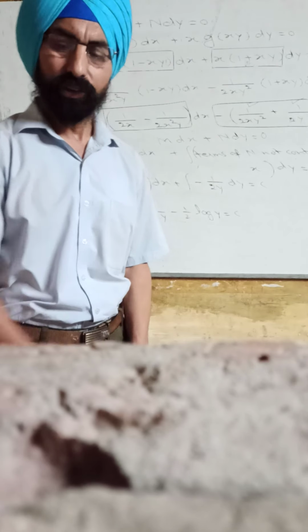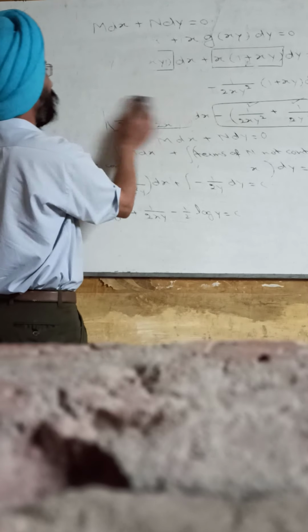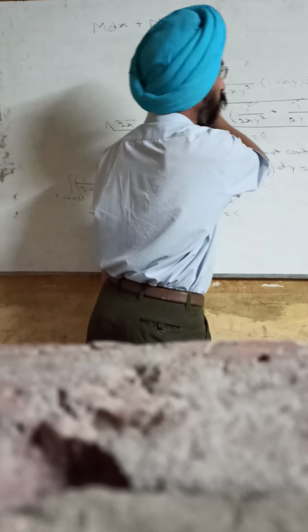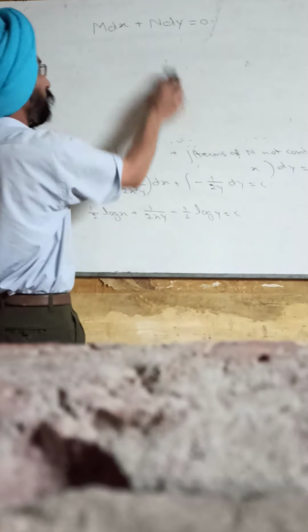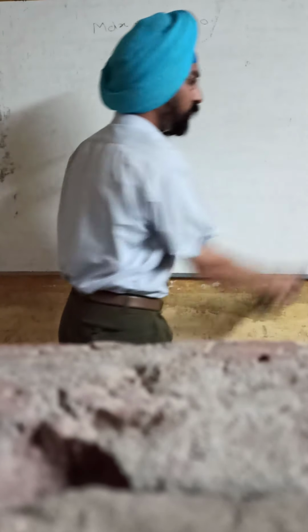Now we discuss the third case. The third case is if a differential equation which is not exact, of the type m dx plus n dy is equal to 0.